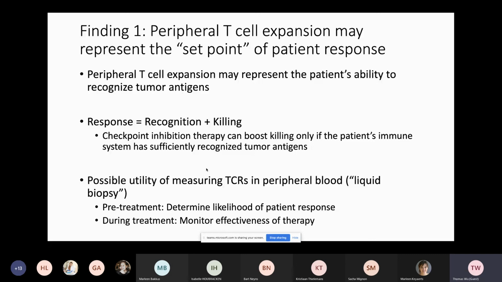This suggests a liquid biopsy or a blood measurement, which is easier than getting tissue. We could use this pre-treatment to predict whether a patient might respond to checkpoint inhibition therapy, or possibly during treatment to monitor its effectiveness. Of course, this is simply an open hypothesis. It remains to be seen whether such a clinical tool could actually work.